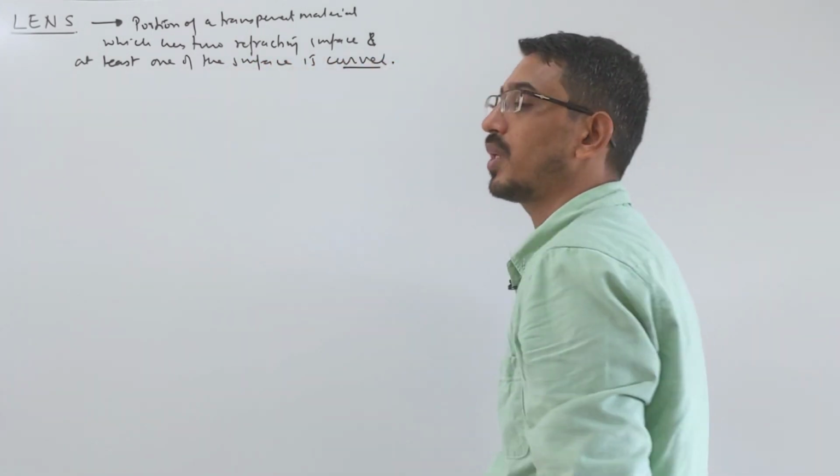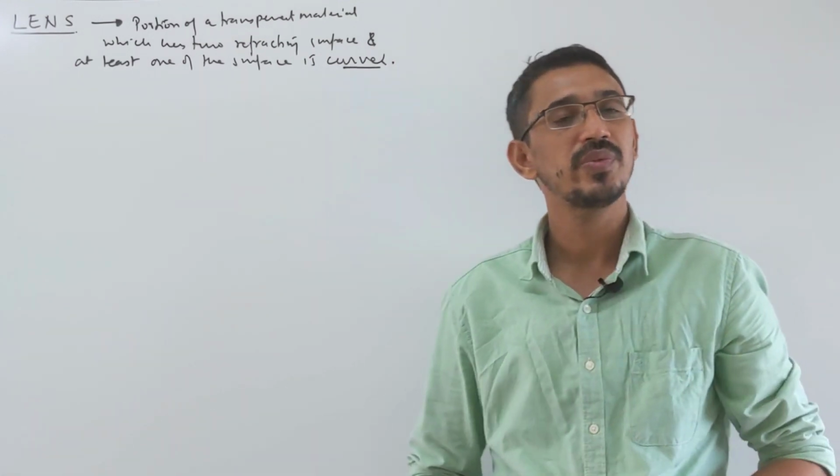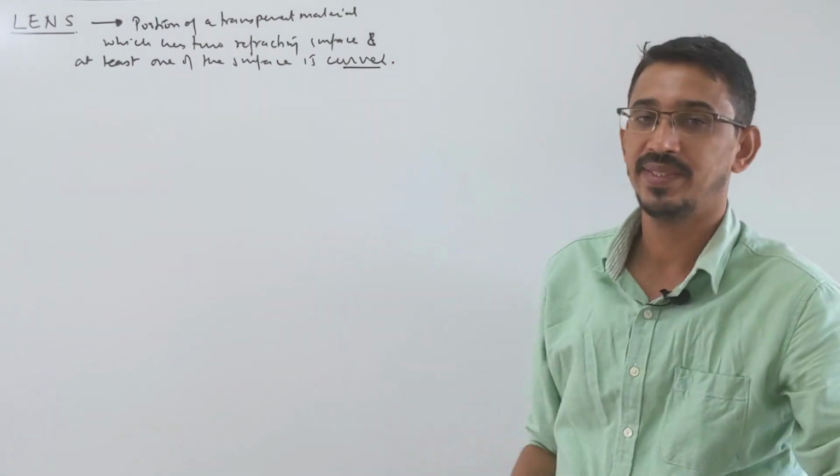Curved means it may be concave or convex. Both surfaces may be curved, or at least one surface we need curved, then it will become a lens.